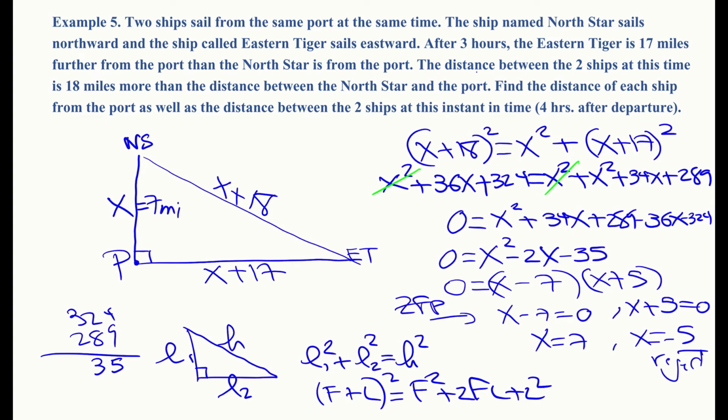X plus 17, that's going to be 7 plus 17, 24 miles. And x plus 18, 7 plus 18. So the distance between them is now 25 miles, okay?